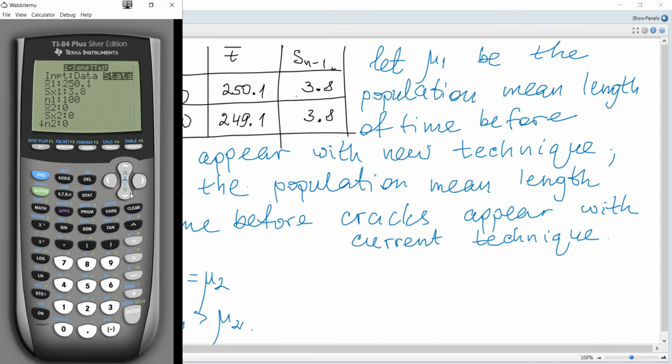So the mean for the second is 249.1, the standard deviation 3.8, and n2 is 200.